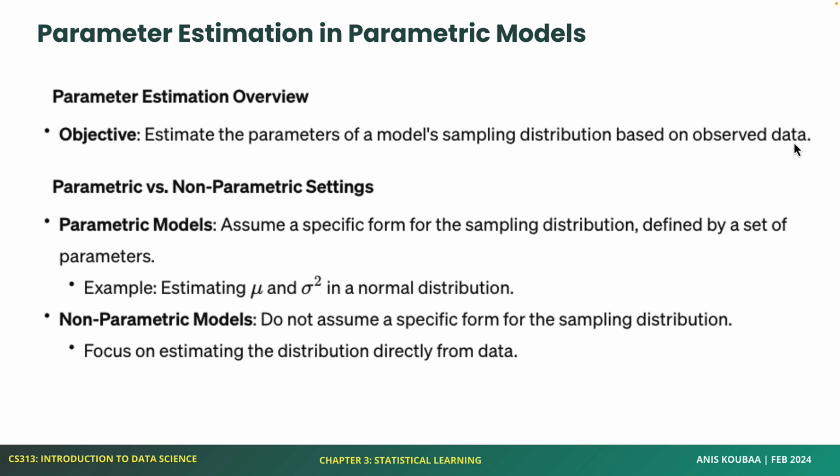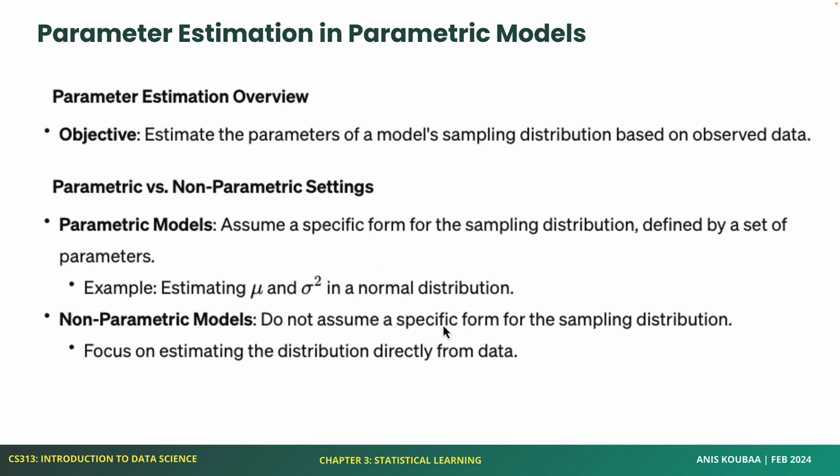Either you will say, I will make an assumption that it follows a particular model or a particular distribution. For example, you can say this model, most likely it follows a linear regression. So you make an assumption and you are going to optimize the parameters for a linear regression model. Another way to think about the problem, no, you say, I don't make any assumption. I don't know. My data is probably very complex.